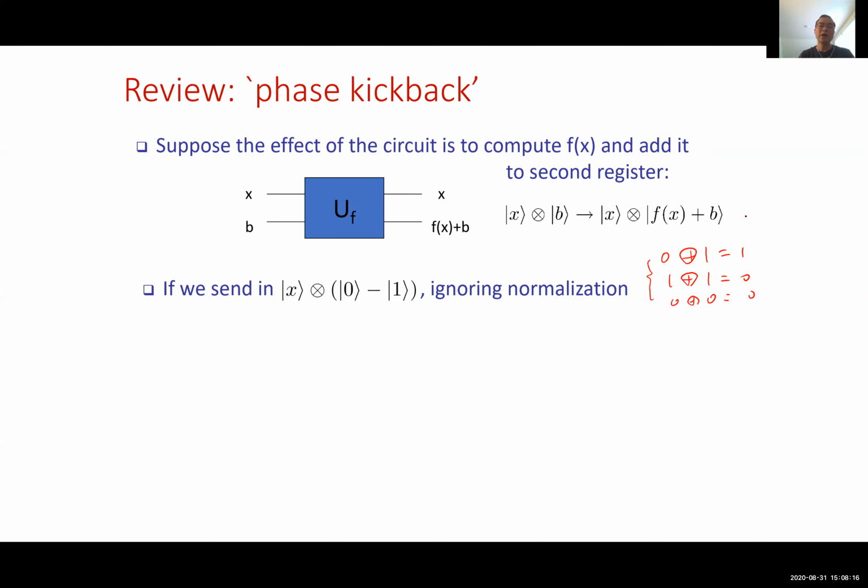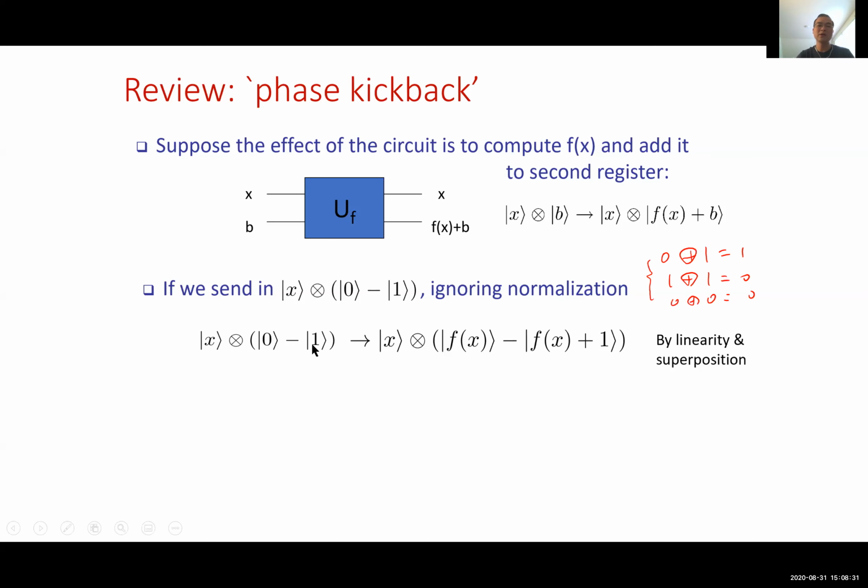So the phase kickback is that if you send in a really special B state, the 0 minus 1 state, you consider the effect. You just write this f of x plus 1. Then by considering two possibilities, f of x could be 0 or 1, you can encompass the two cases in one equation.